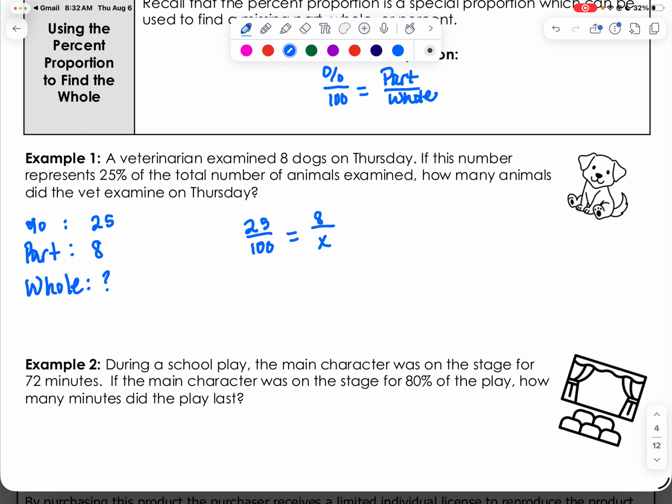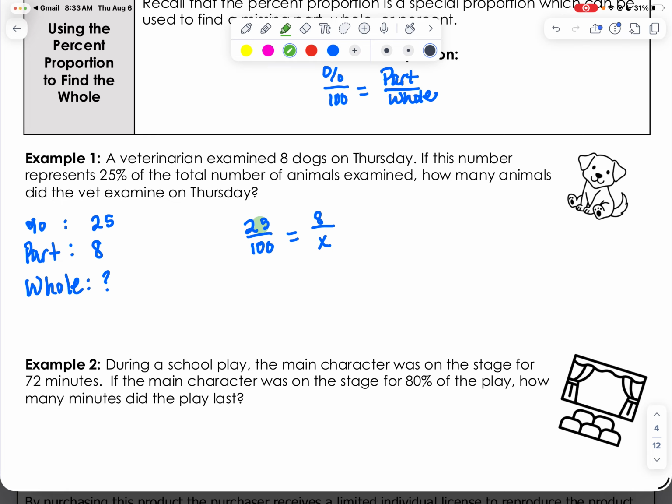Now, what we want to do here is look for a scale factor that we can use to find our missing value. So when I'm looking at the 8, I'm noticing that 8 does not go into 25 evenly. So I want to see if there's anything else I could use to find the scale factor.